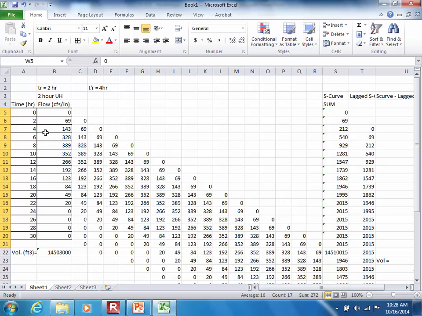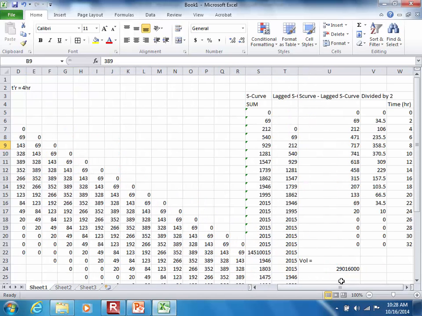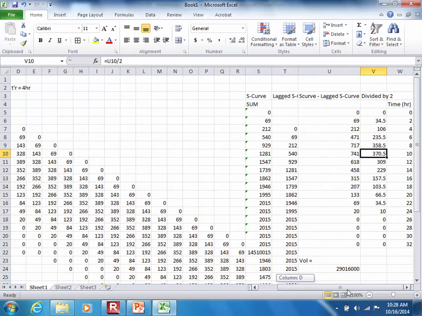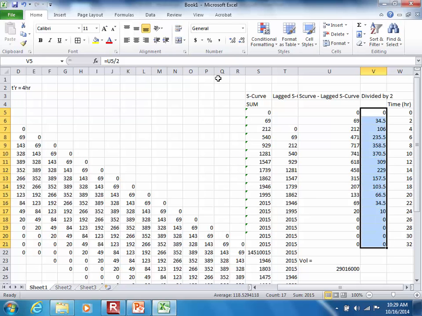When you get the inch of rain in 2 hours, your peak flow rate is going to be 389, and that happens during hour 8. The peak flow rate here is going to be 370. So the peak flow rate is lower, as we'd expect, and it is later. It's at hour 10 instead of hour 8. So this is the new unit hydrograph, and this would be the answer to that example.